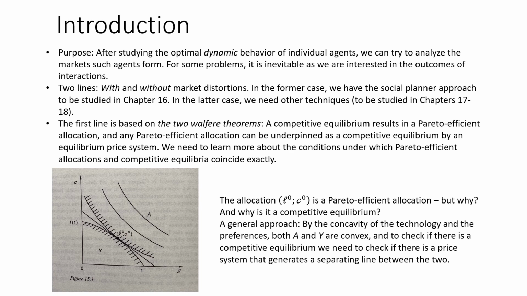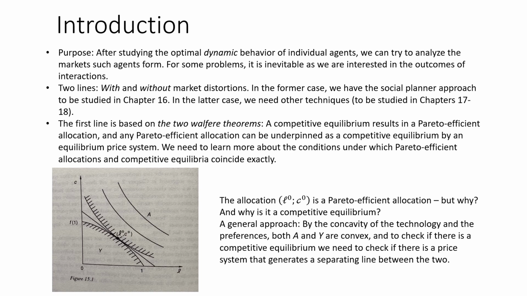To be more specific, we can write a single objective function on the basis of the objective functions of the individual agents. This is the approach we are going to study in this chapter and in the next one.